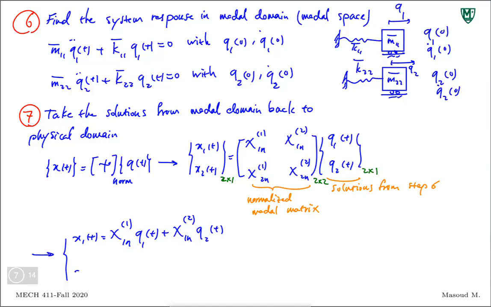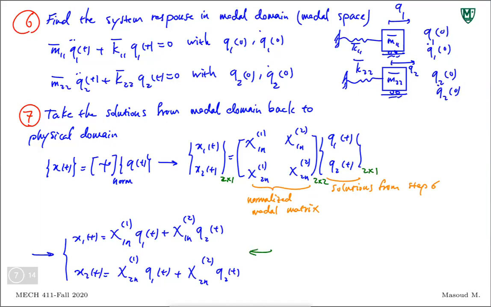You found them already. X2(t) becomes X12 norm Q1(t) plus X22 norm Q2(t). I was almost missing that.